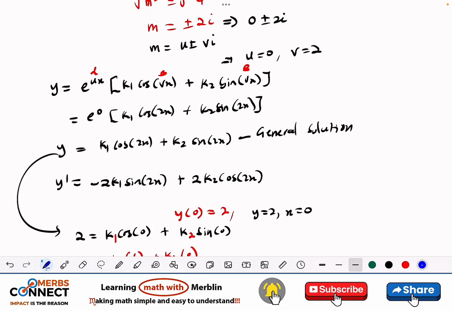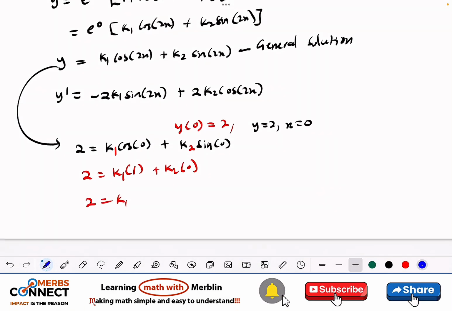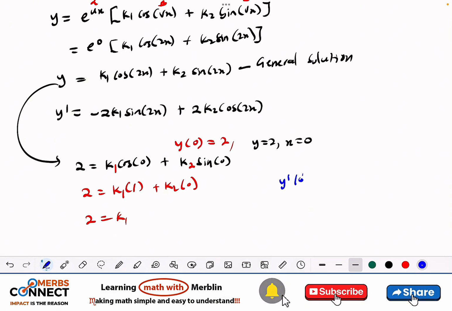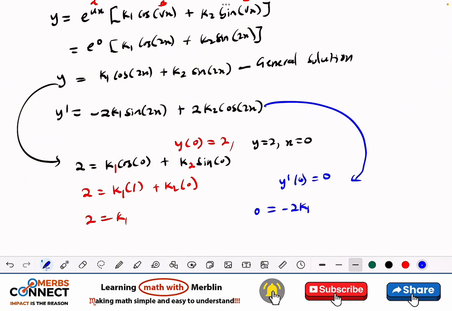Then we use the other one, y prime of 0 is 0. So y prime of 0 is equal to 0, and now we are using this derivative. I'm going to have 0 equal to minus 2k1 sine 0 plus 2k2 cos 0.